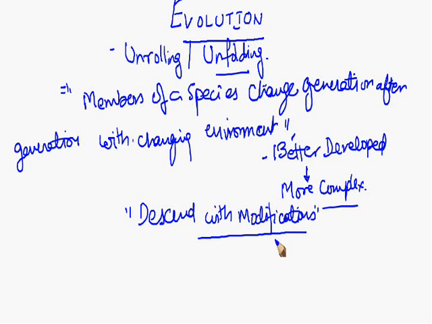Descent with modification means that the next generation, and the generation after that, the species which are going to come will be better suited to the changing environment, because if they are unable to change themselves according to the changing environment, then they may face extinction, and nobody would like to become extinct from this beautiful earth.